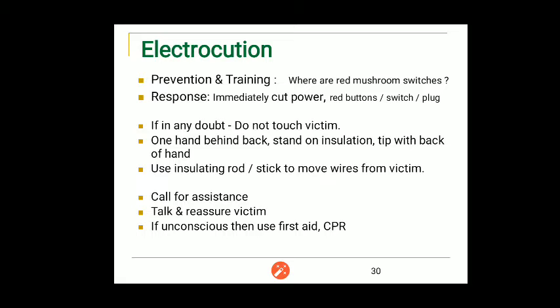Use insulating rods and sticks to move the wires away from the victim.